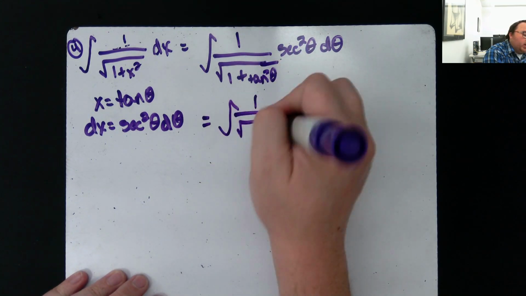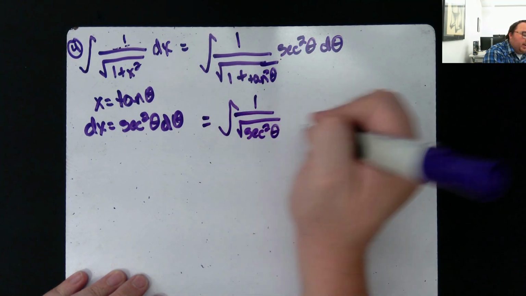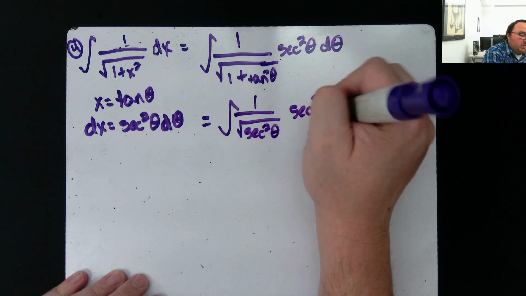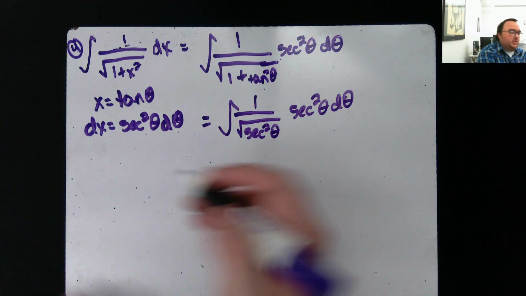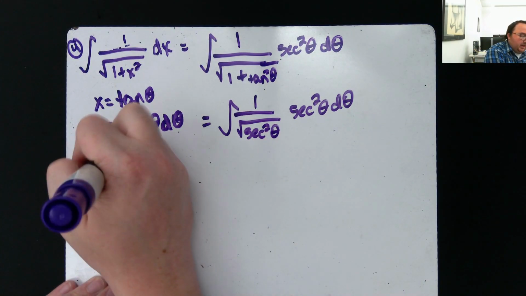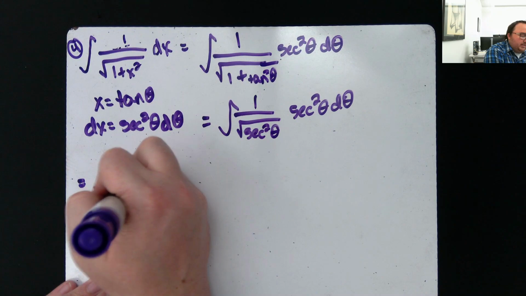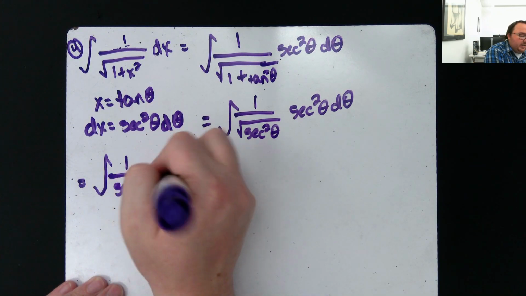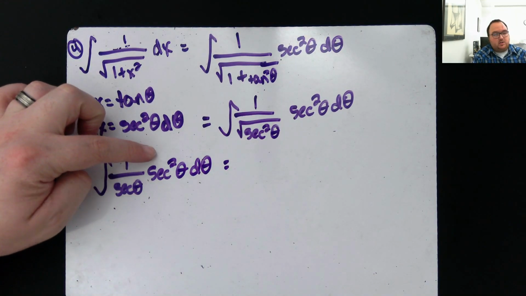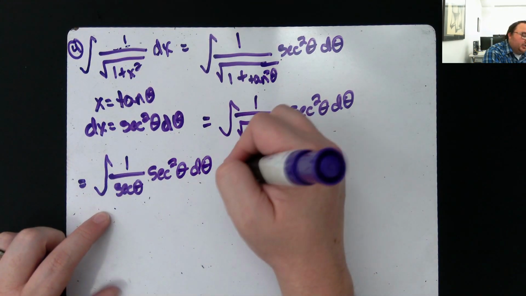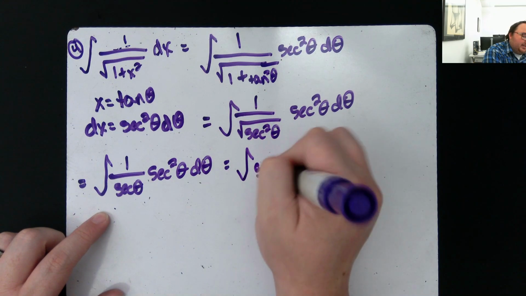So 1 over the square root of secant squared theta times secant squared theta d theta. Square root of secant squared is just secant. So this is going to be equal to 1 over secant theta times secant squared theta d theta. Well, secant squared divided by secant is just going to be secant.